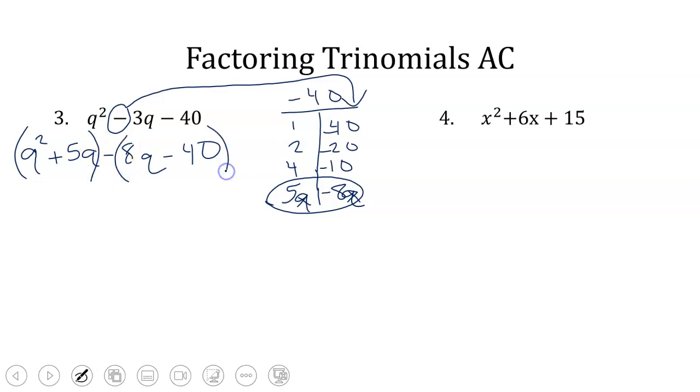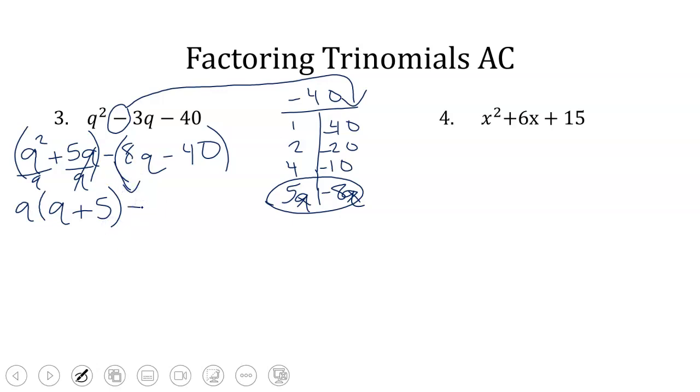Group the second two. My first group, what is one thing that they both have? They have a Q. That is going to be our GCF. So divide Q from the first two. 2 minus 1 is Q. Those Q's cancel out, so it's just positive 5. Bring down the middle sign.